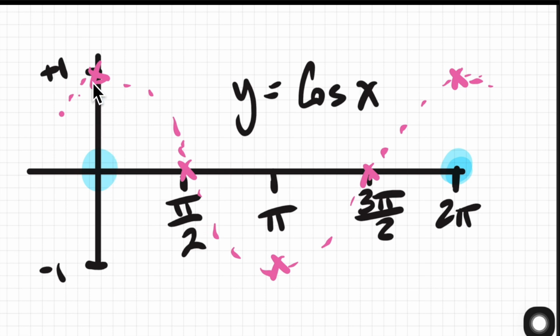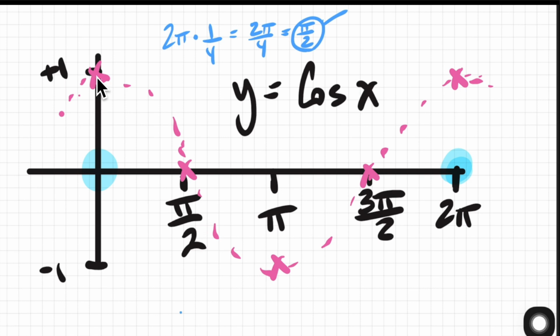Sinusoidal functions move by 1/4 of a period. So you could see here, if we take 2 pi and we multiply it by 1/4, we get 2 pi over 4, otherwise known as pi over 2. So folks, every pi over 2, something is going to happen. So here we go.